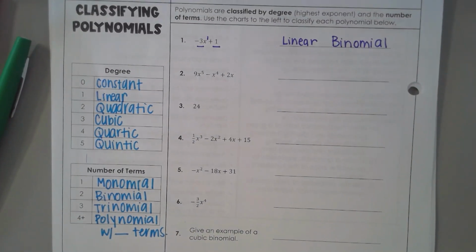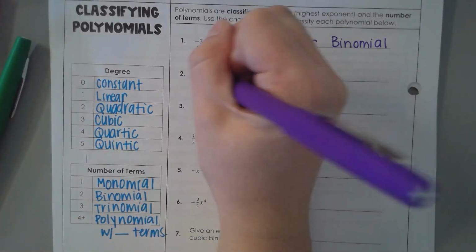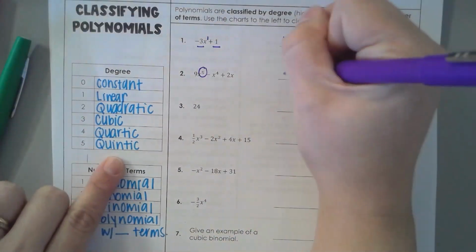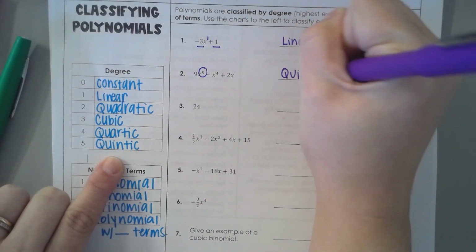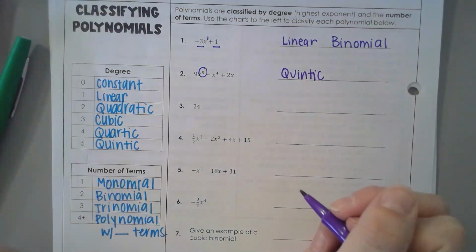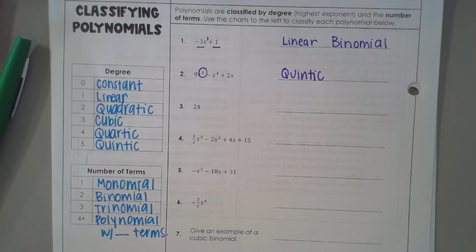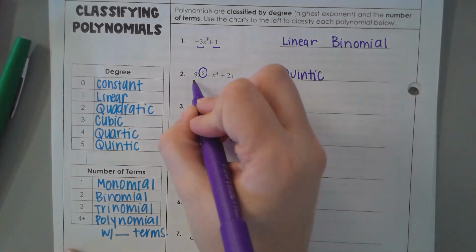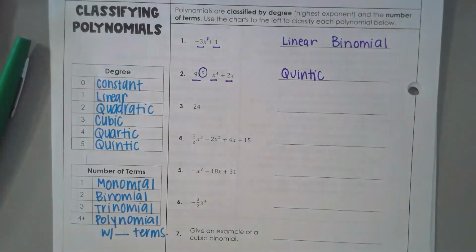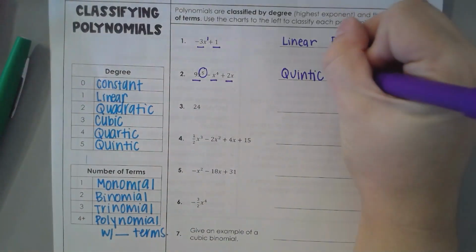Number 2, what is the highest exponent? 5, which makes it quintic. And how many terms does it have? 3. 1, 2, 3. So trinomial.